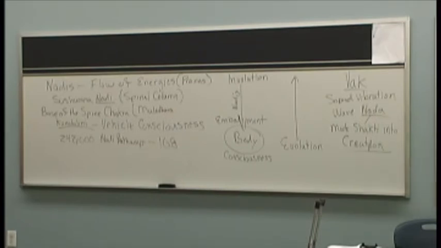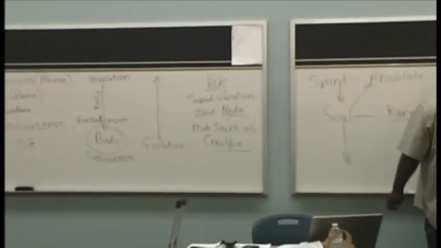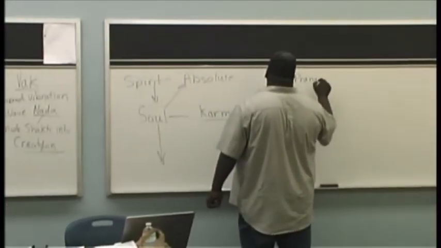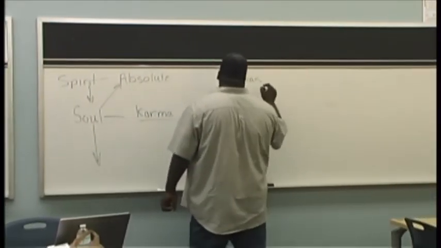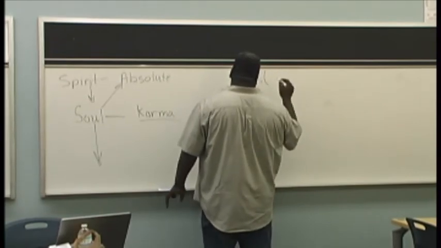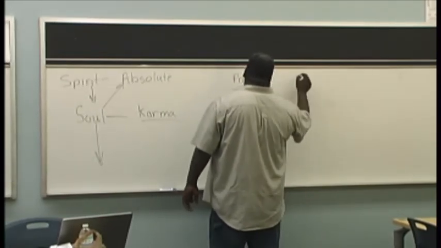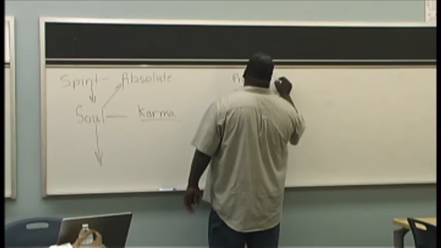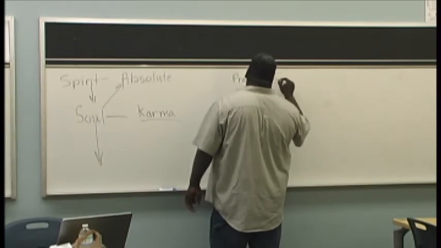The vehicle of consciousness, the body. But in that, it uses prana, or pranas, right? Which is different levels of energy. At least 5 levels of energy, right?